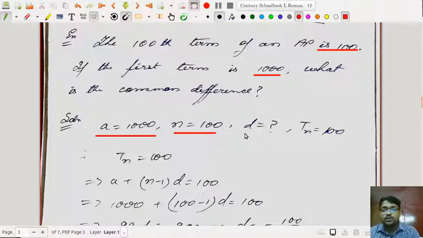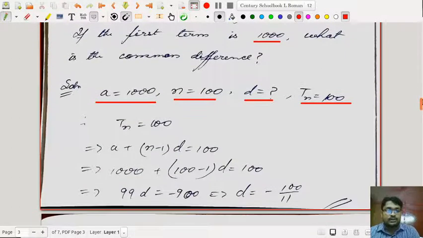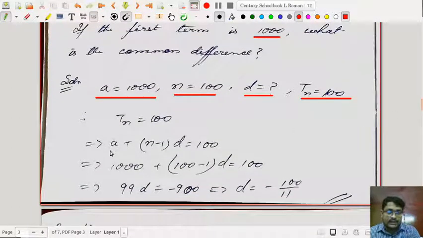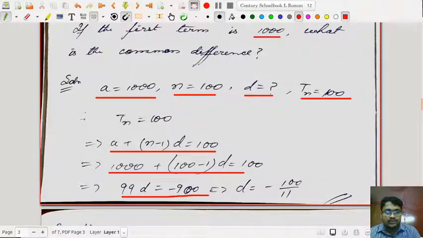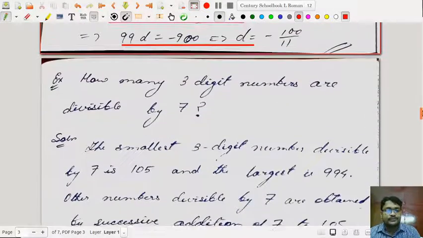We do not know the common difference, so d is a question mark, and we know tn, the nth term, is 100. So a plus n minus 1 into d equal to 100. This means 1000 plus 100 minus 1 into d equal to 100, and then from here you can just solve it. d comes out to be minus 100 by 11. So this is your common difference, right?